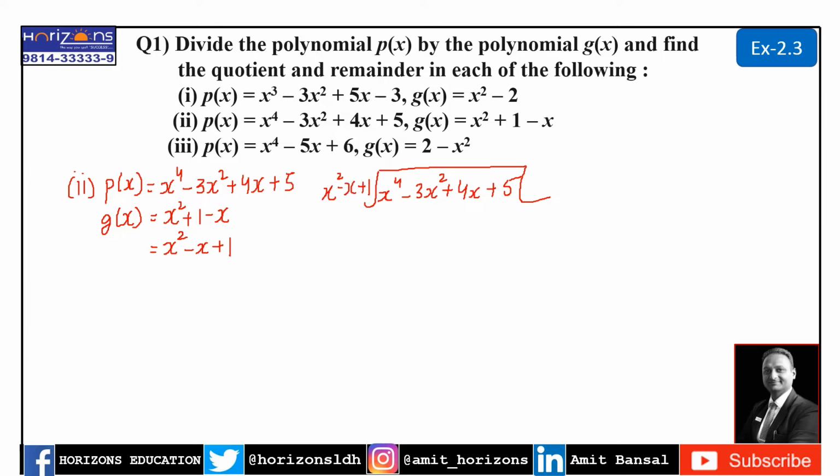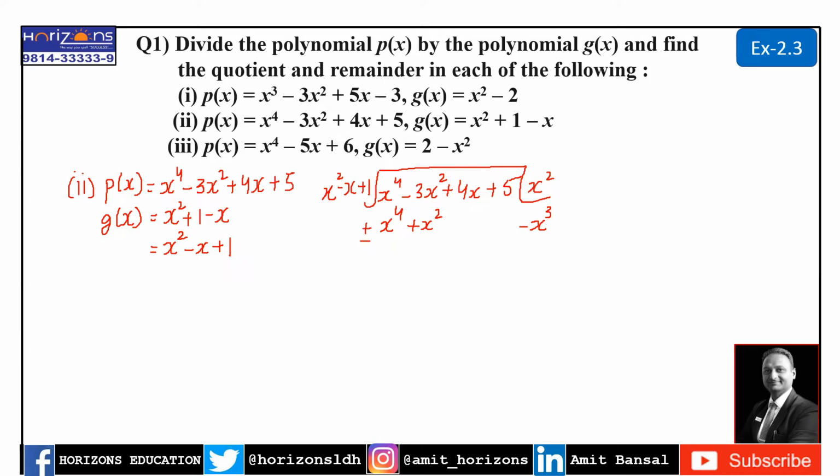To make x square into x raised to power 4, we will have to multiply x square by x square. But because x square now needs to be multiplied with the whole of the divisor, x square into minus x is minus x cube, but since there is no term with power x cube in the dividend, we will write it here at the end, and x square into 1 is x square, so we'll simply write x square over here.